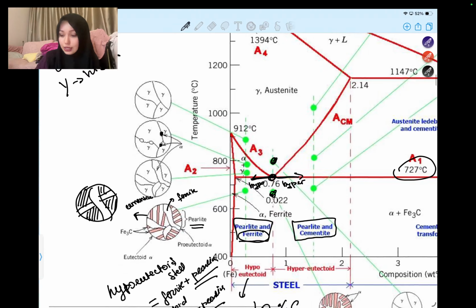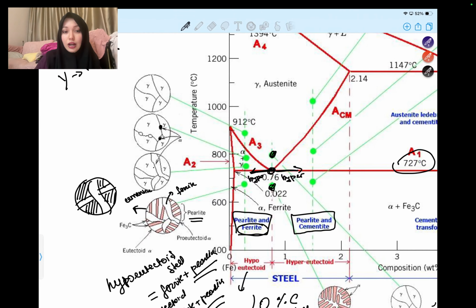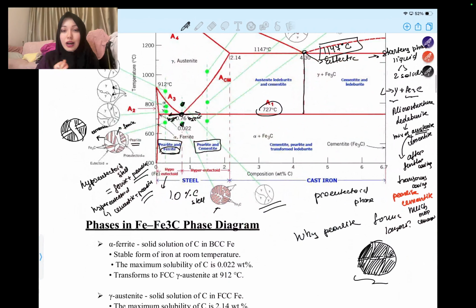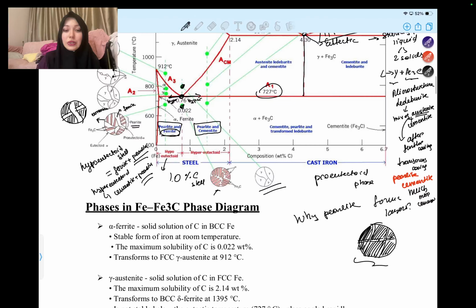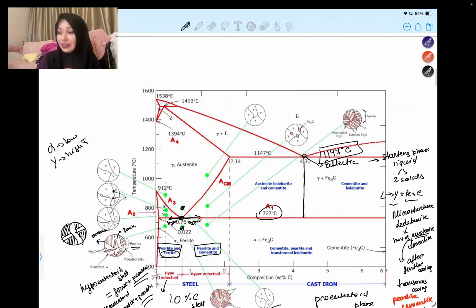Then they turn into alternating structure like this, and as we move further we also have the pearlite structure. So I hope the iron carbide diagram is more or less clear for you. Thank you for watching this video. Have a nice day.